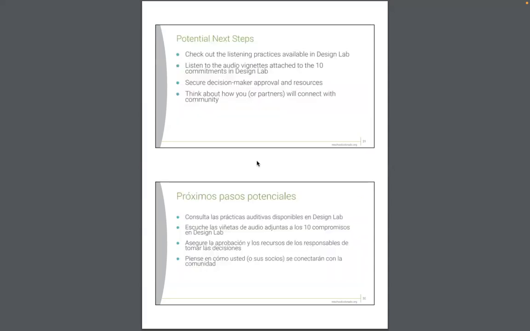All right. So potential next steps, because this was great to learn a few things about Design Lab, some tips for getting started, but then what, right?